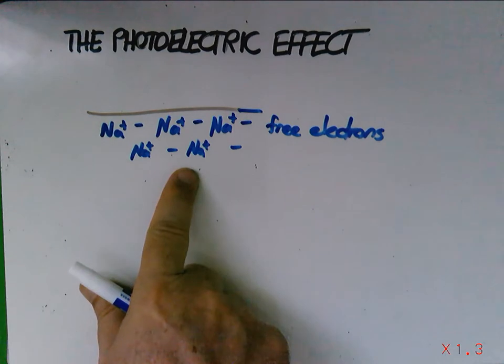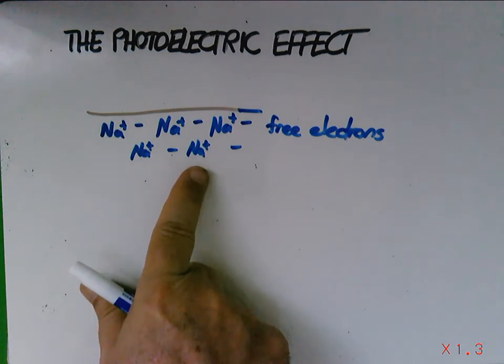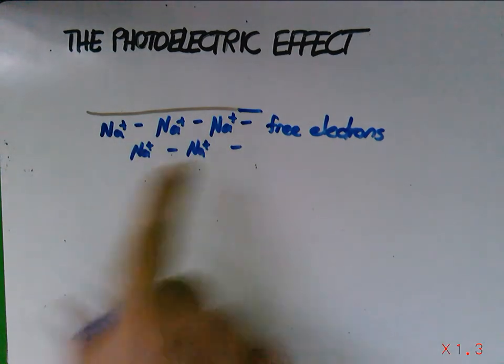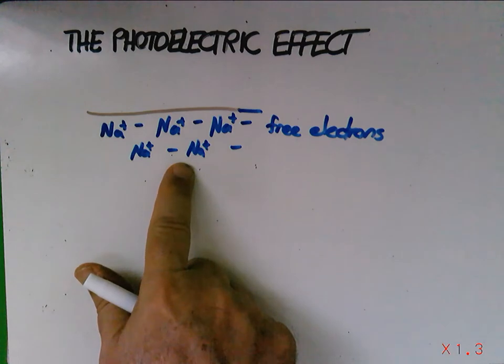If you hit this with a hammer, you're going to change the arrangement of the sodium ions, but the electrons will instantly rearrange so that they're still gluing together the sodium ions. So you can hammer on a metal and hammer it out into thin sheets, and the free electrons keep it glued together. This model also explains things like why metals conduct electricity so well.